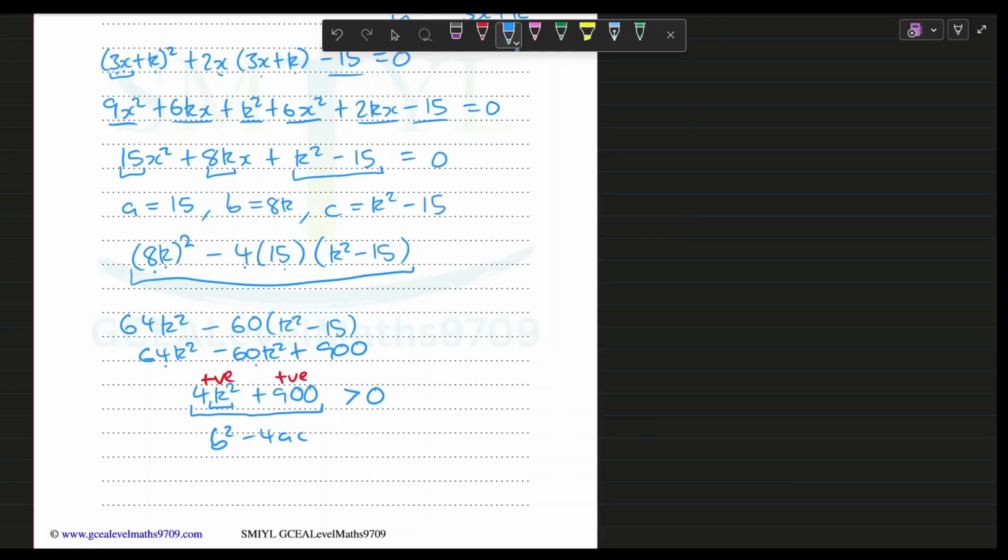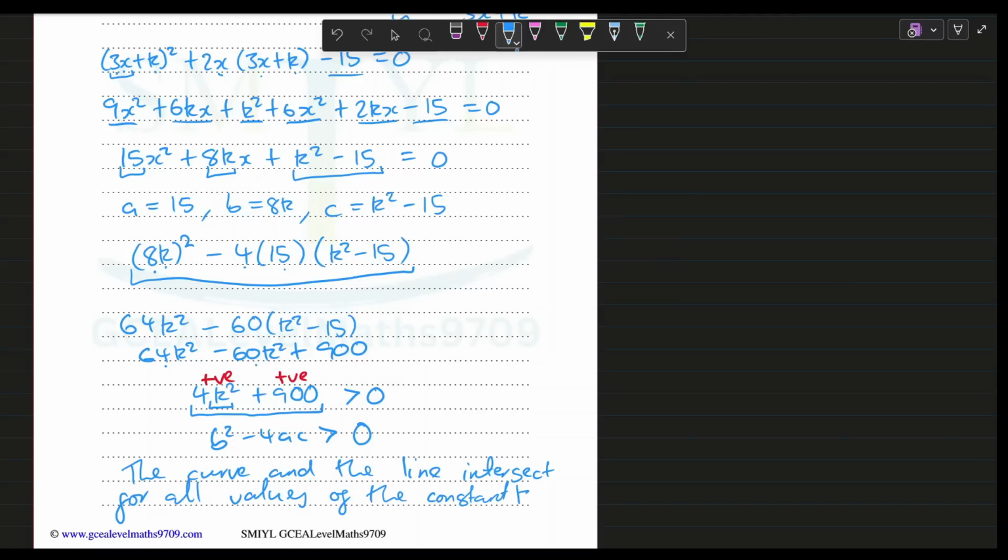And because this is representing b squared minus 4ac, it means that b squared minus 4ac will always be greater than 0. And if b squared minus 4ac is always greater than 0, then it means that the curve and the line intersect for all values of the constant k.